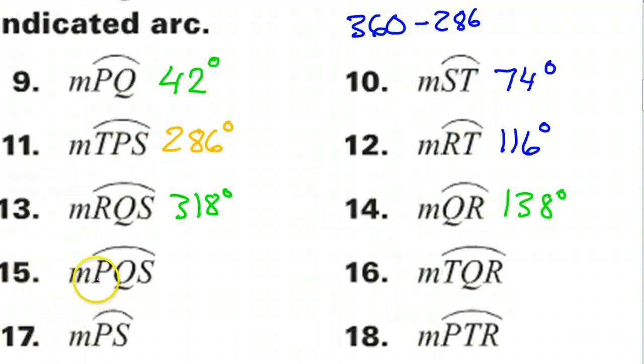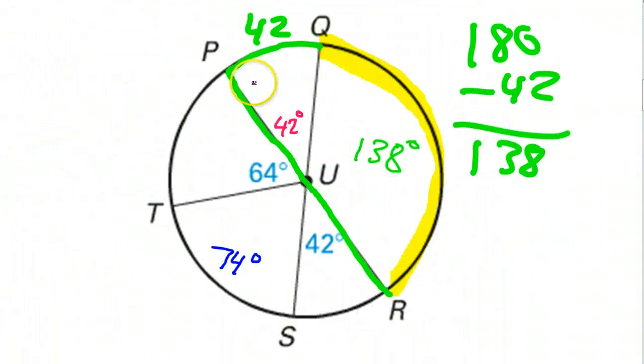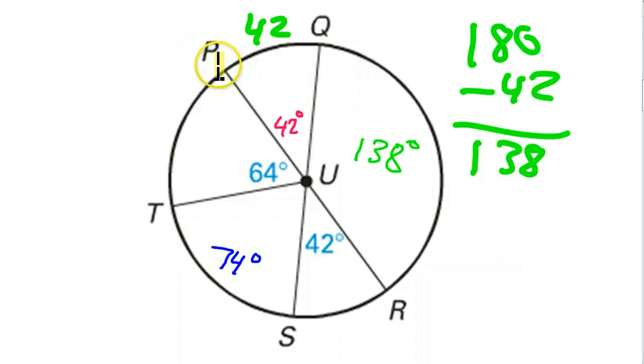Okay, the measure of arc PQS. From P to Q to S. I could add up 42 plus 138 plus 42.